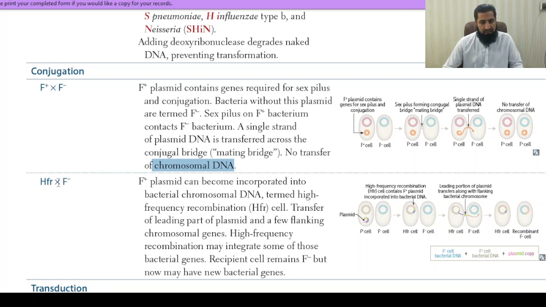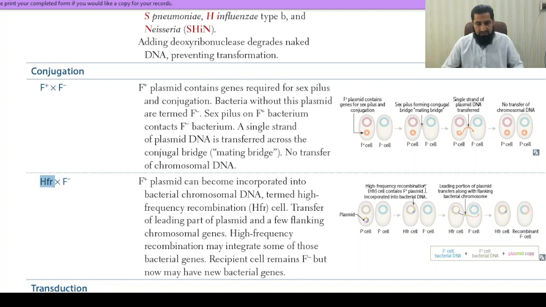Next, Hfr and F negative conjugation. Hfr means high frequency recombination. What happens in this technique? The plasmid DNA is incorporated into the bacterial chromosomal DNA.